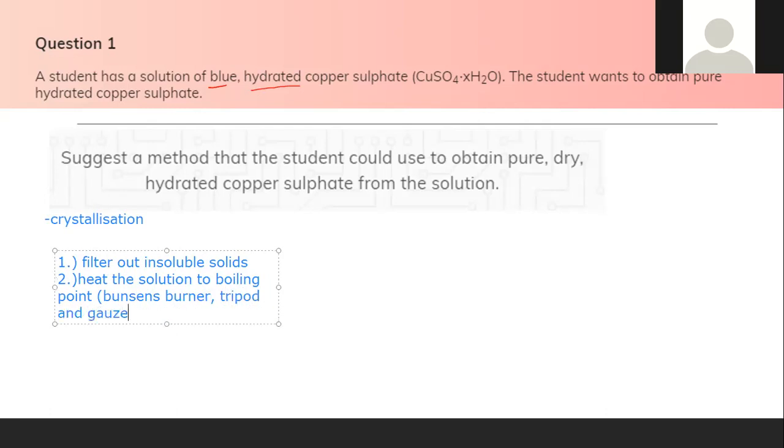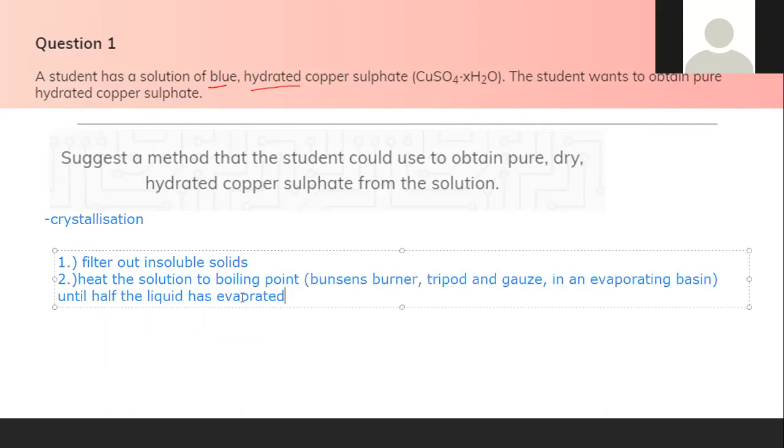And we're going to heat the solution in an evaporating basin. We're going to heat the solution to boiling point until half the liquid has evaporated.